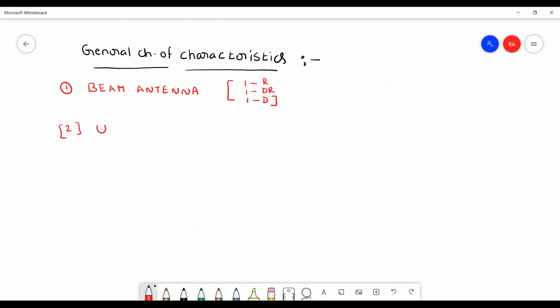Second characteristic, unidirectional beam, which we already mentioned. Made of aluminum rods, therefore lightweight, and low cost.